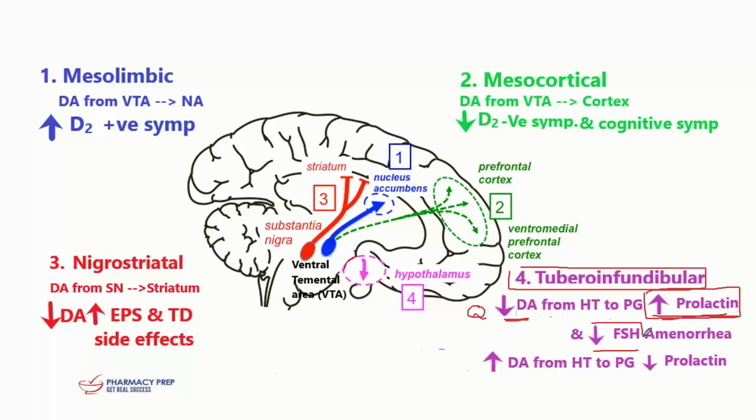A decrease in FSH can lead to amenorrhea, which is also caused by deficiency of dopamine. So some drugs can be associated with amenorrhea as a side effect. However, whenever dopamine increases, prolactin decreases, which is exactly the inverse relation. Those are the high yield points expected in the exam.